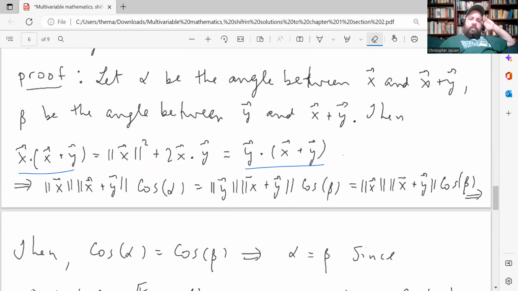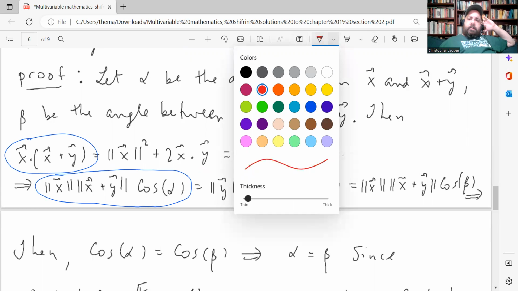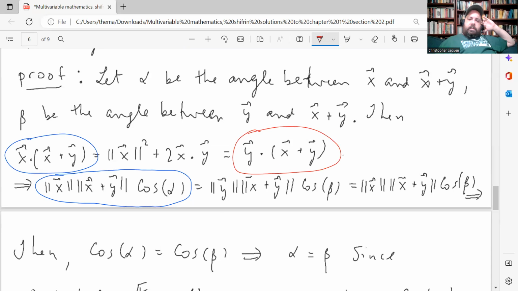And since those two things are equal, this thing is equal to this, and this is equal to this.